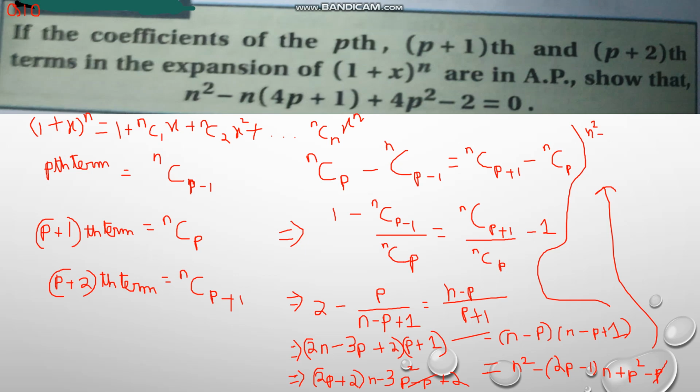So minus 4p minus 1. Where this is minus 4p plus 1 and minus is taken outside the bracket. So this n is remaining and this p square plus 3p square is 4p square, minus 2 plus 4p square, then minus 2 will remain, which will be equal to 0, and hence our solution is done and the question is solved.